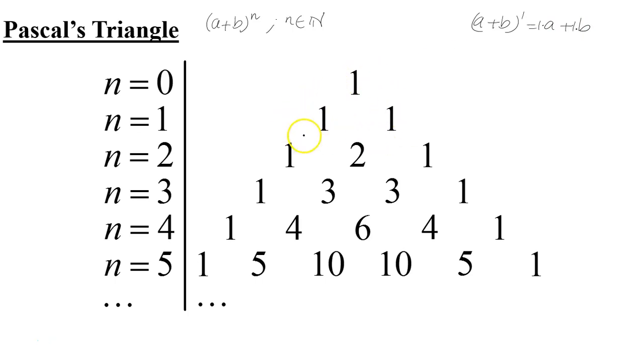So these are basically the two ones that you can see in the second row of Pascal's triangle. Now, for n equals 2, we have (a + b)^2, which we know is a^2 + 2ab + b^2. So the coefficients are 1, 2, and 1, which you can actually see here in Pascal's triangle.